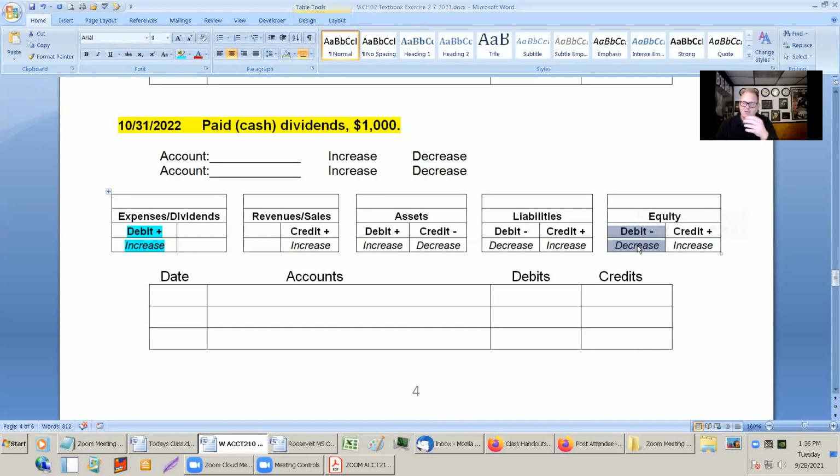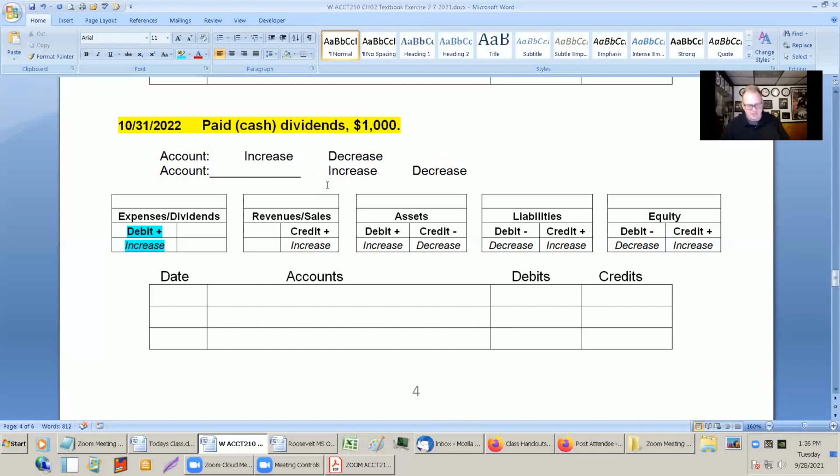So they're both the same, the debit is exactly the same, but some books will show it in the equity section to reduce equity, and some books will show dividends as a separate account that is increasing. So I'm going with the way the book shows it here, just to avoid confusion.